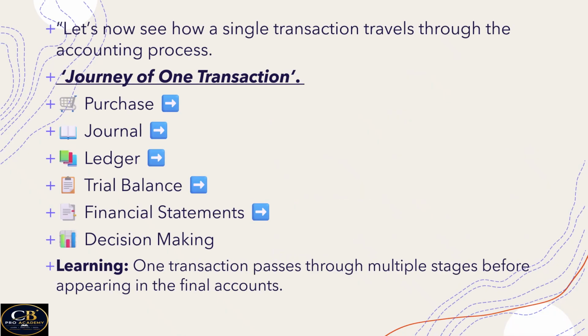let's now see how a single transaction travels through the accounting process. Let's discuss one example. Suppose CB Mart purchased goods worth rupees 1 lakh. Now what are the steps you need to follow? First, this event is identified as a business transaction, right?